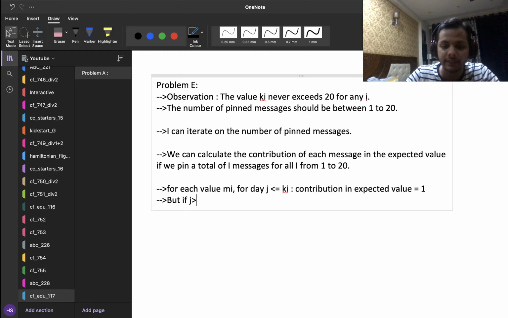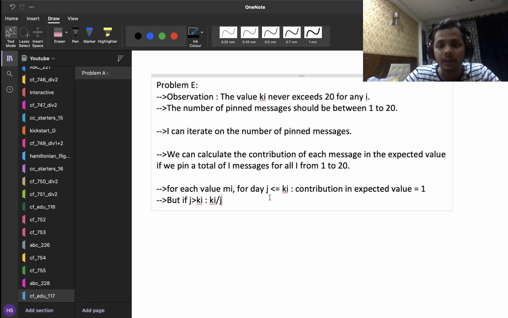But if j is greater than ki, then I have a total of j messages, and the student will randomly pick some ki messages and will read them. So the probability that my message, the mith message, will be read is nothing but ki upon j, because I have j total pinned messages, and out of these j messages I am choosing ki messages, and I want one of these to be my message mi, and the probability of that happening is nothing but ki by j, right?